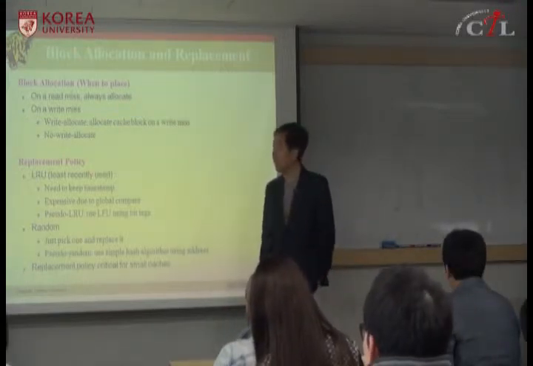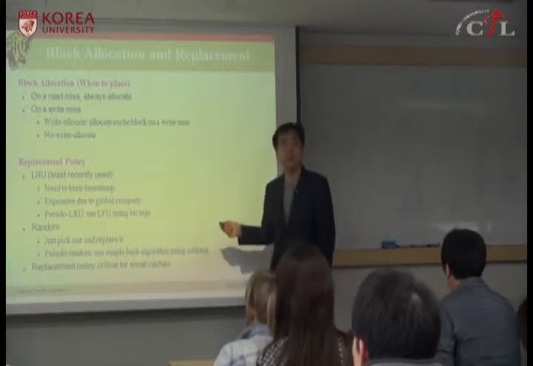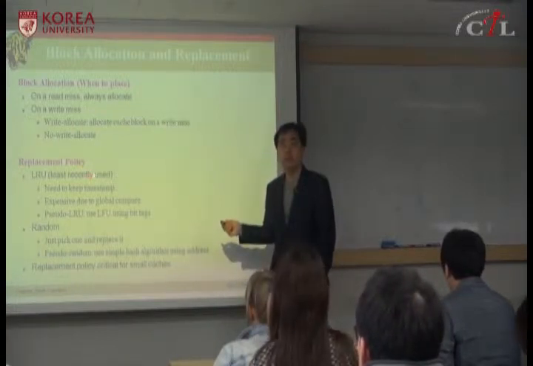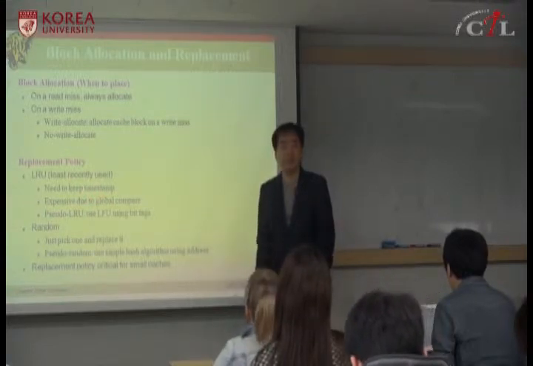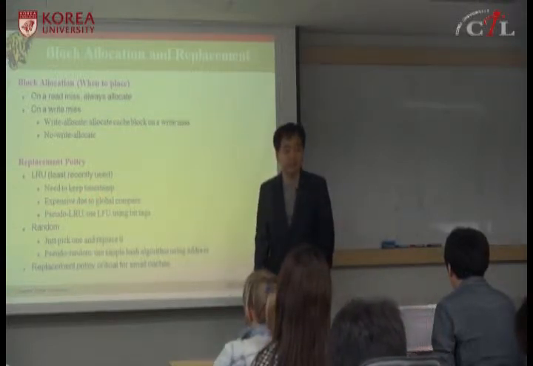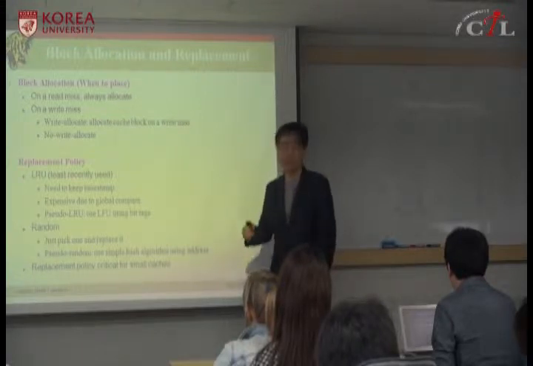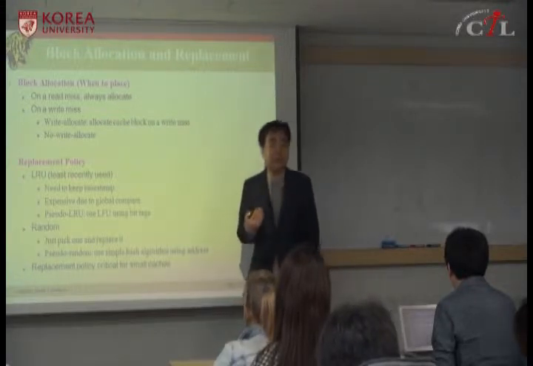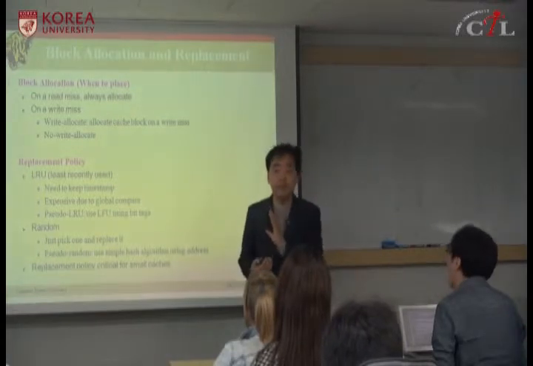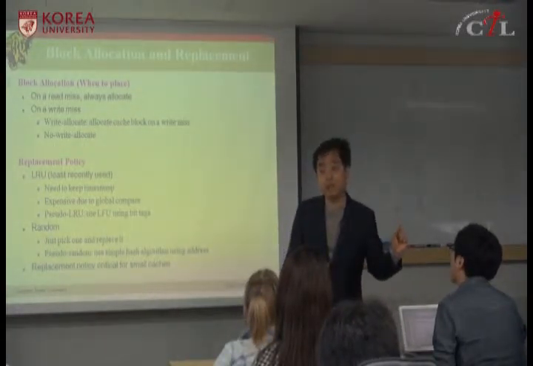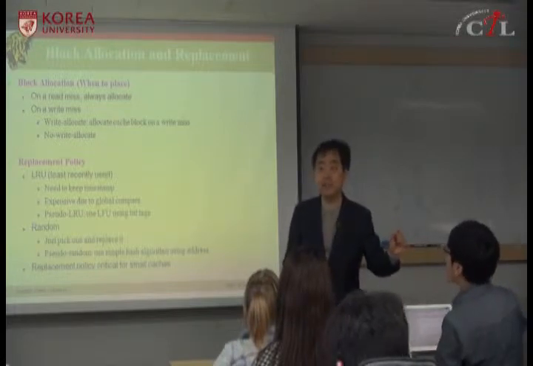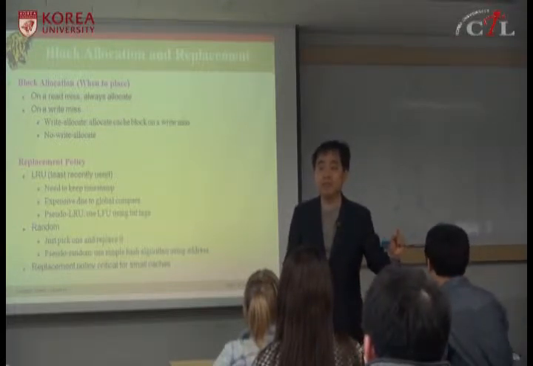The best algorithm, or the most frequently used algorithm, is called LRU, least recently used. The idea is that every time you access a cache block, read or write, you set a timestamp and record the time.